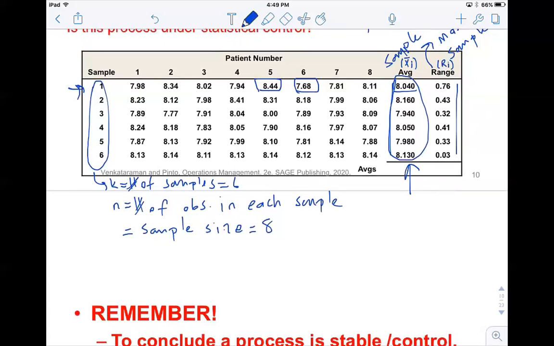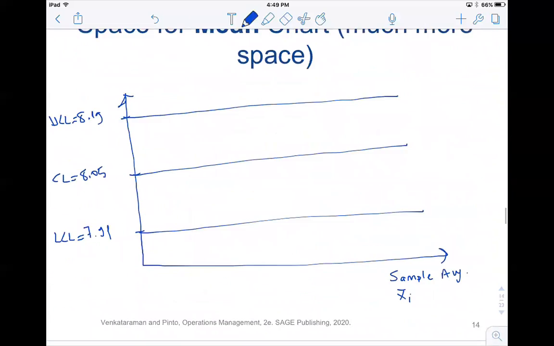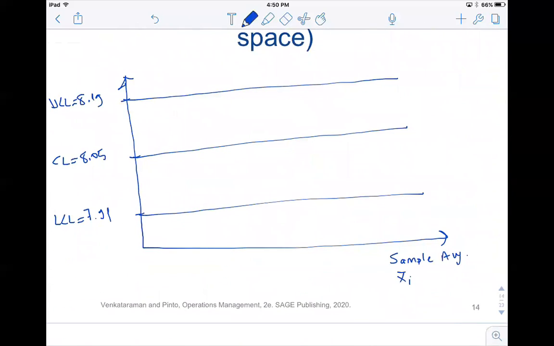These are going to be on the x-axis on this chart. So let's start with the first one. First one, second one, third one, fourth, fifth, and the sixth one.